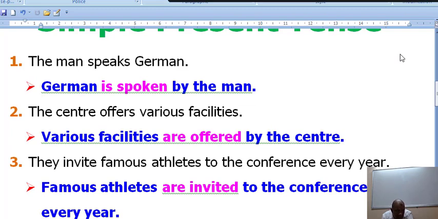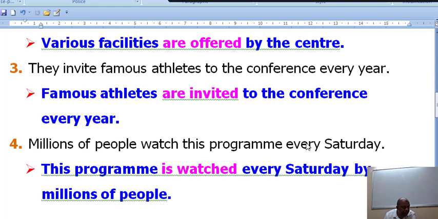The verb to invite becomes past participle, invited, to the conference every year. Without writing by them, no problem. It's not important. By the way, you should memorize, learn by heart, the past participles, especially of irregular verbs.